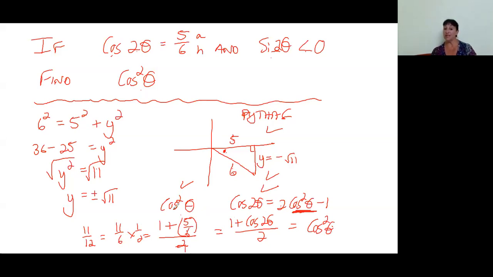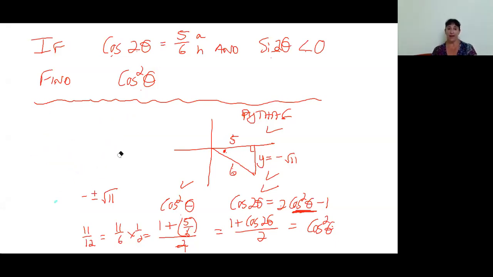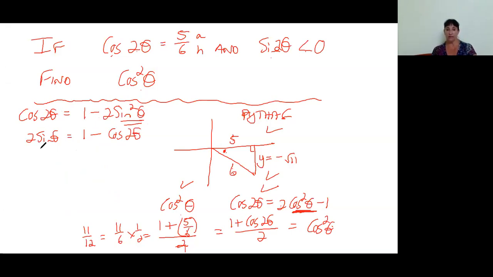They could have asked you for sine squared theta instead. If I'd said find sine squared theta, you would still have used the double angle formula for cos, except you would use the version with the sine squared, and make sine squared the subject. So 2 sine squared theta equals 1 minus cos 2 theta. I'm just rearranging, then dividing by 2.